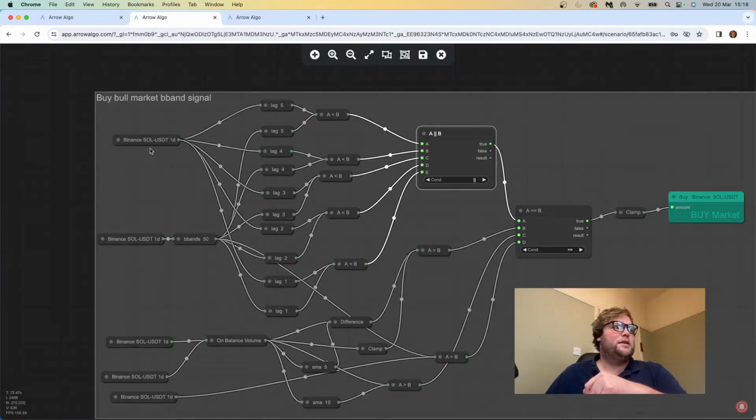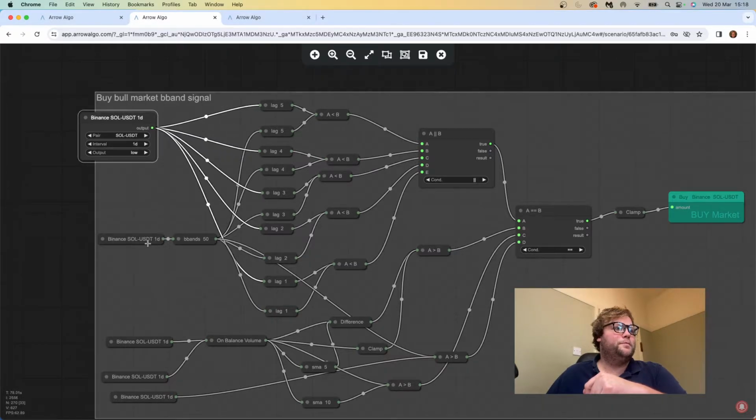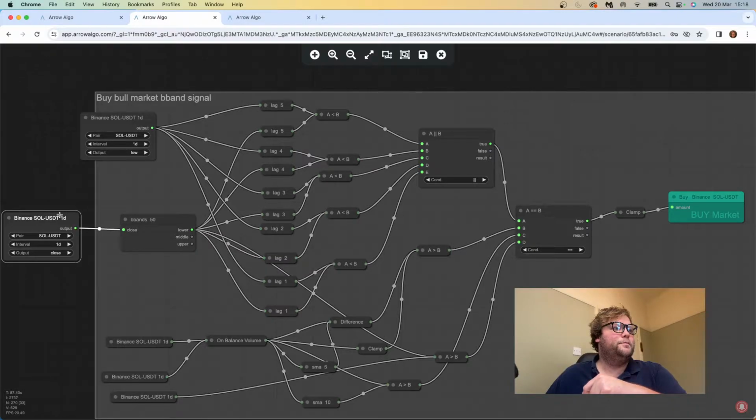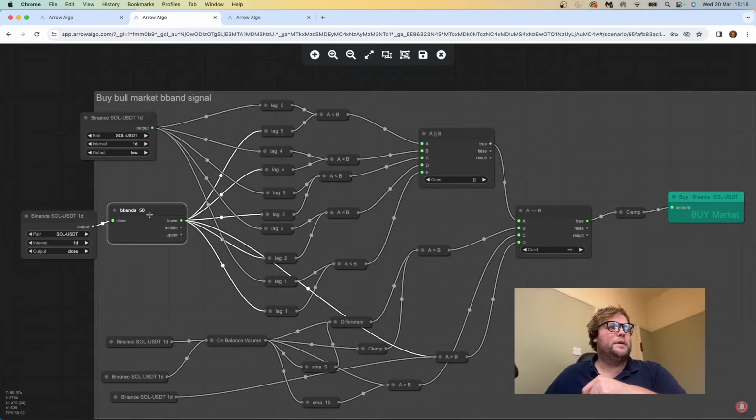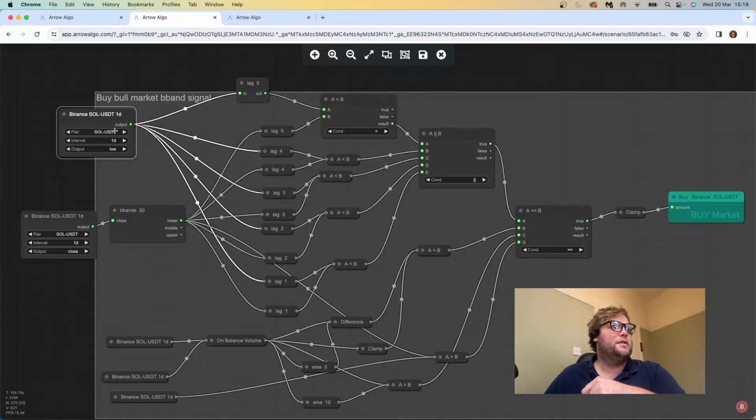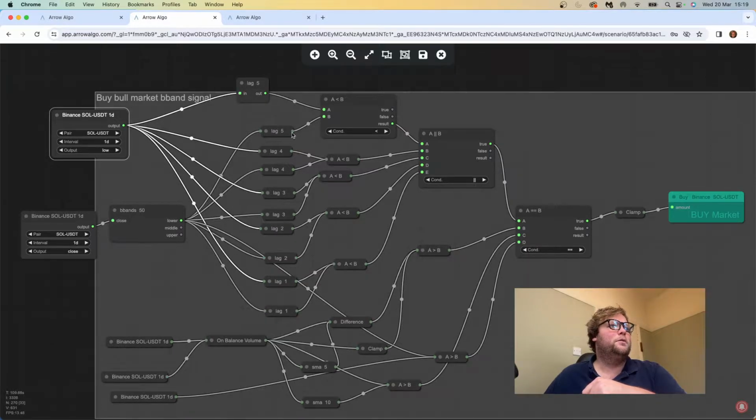What we've got here is a number of lag blocks, and we're looking at the Bollinger Bands. If I open some of these up, we've got the daily lower Bollinger Band, and we have conditions comparing whether, in this case, the low price of Binance on the Sol Tether Binance daily chart is below the lower Bollinger Band.